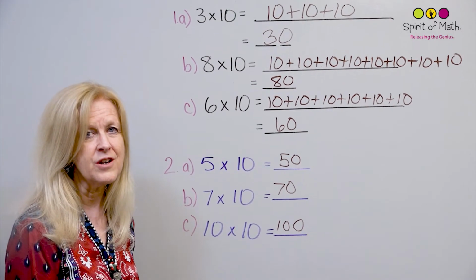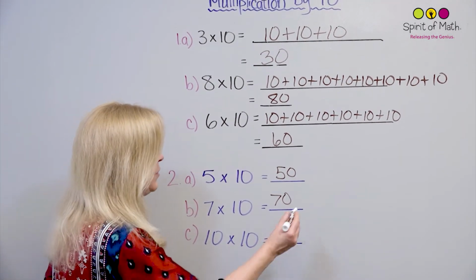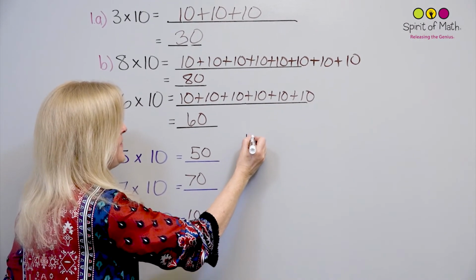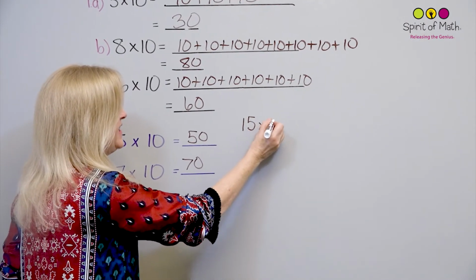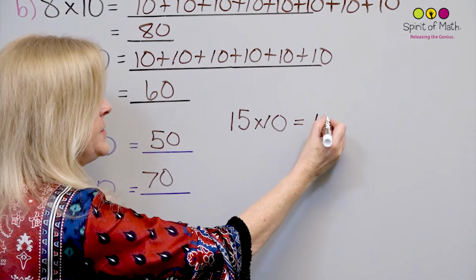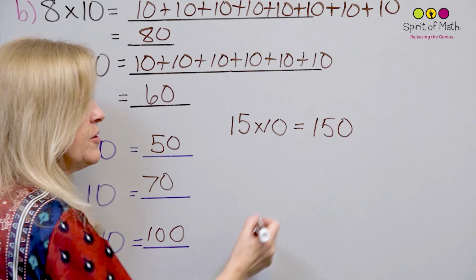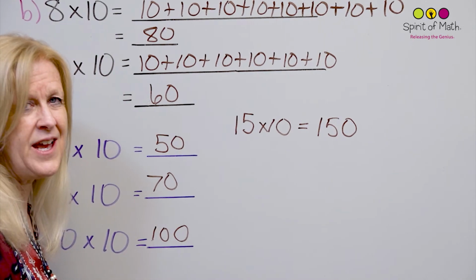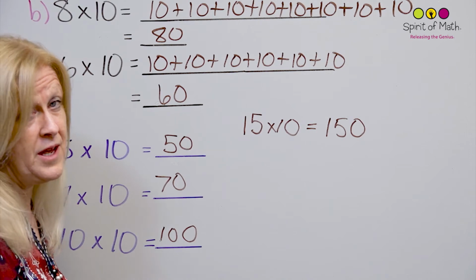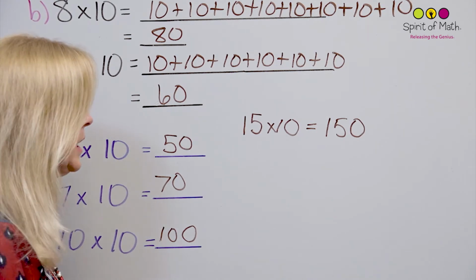So even if I gave you, let's say, 15 times 10, now you're getting to tricky stuff. It would be a 15 with a 0 at the end. Okay? And look, that's 150. That's a big number. But it doesn't matter how big the number is.